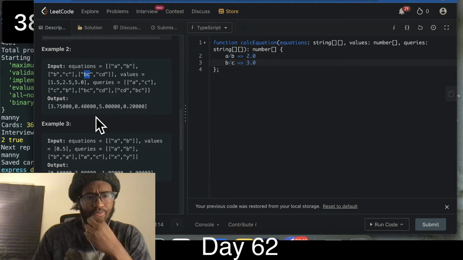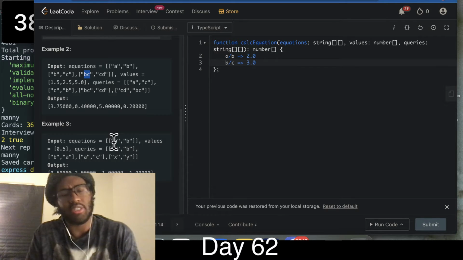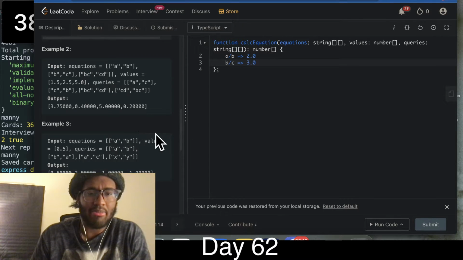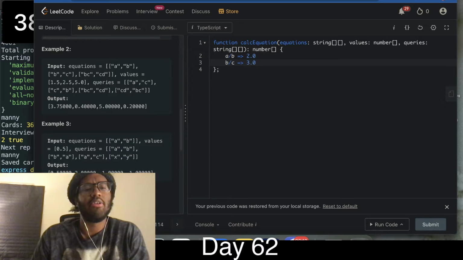Equations. This is a simple example. You know that A divided by B equals 0.5.